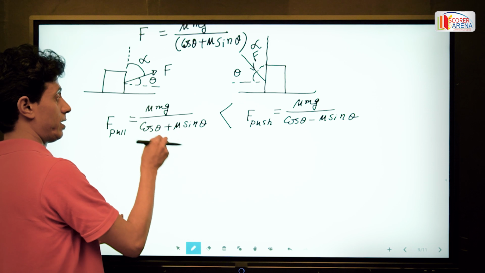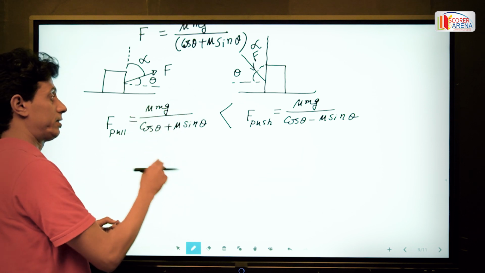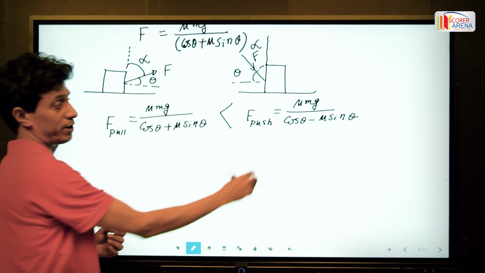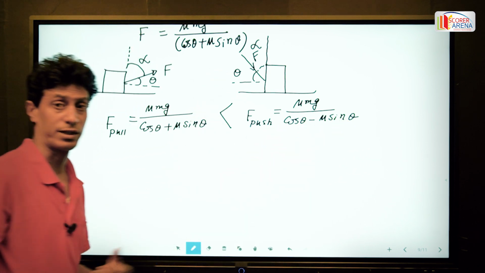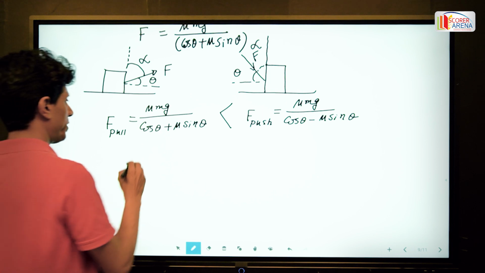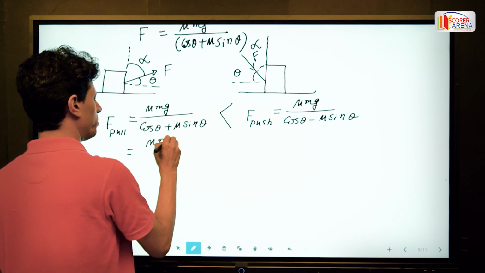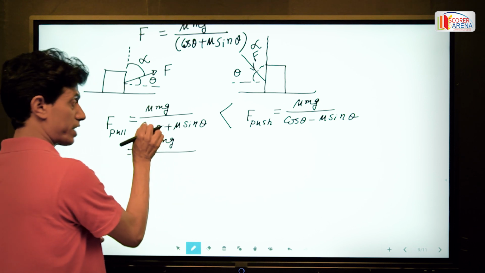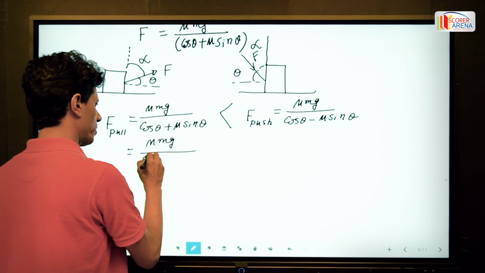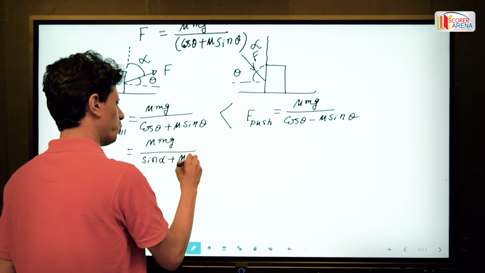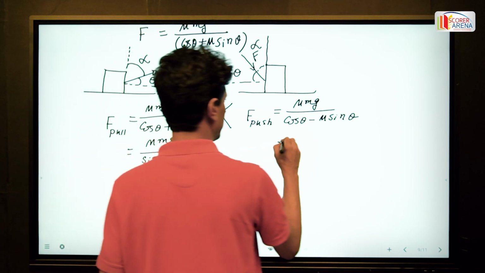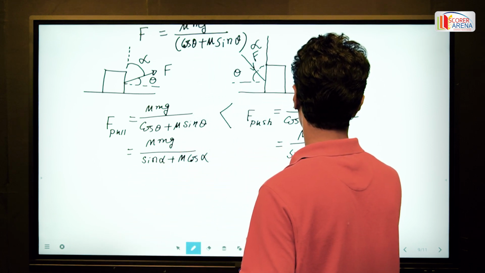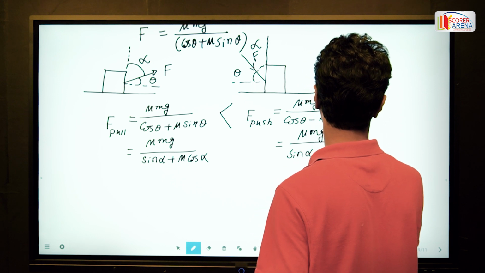You just replace theta with 90 minus alpha. By simple calculation, cos of 90 minus alpha is equal to sin alpha, and sin of 90 minus alpha is cos alpha. So pulling is mu mg by sin alpha plus mu cos alpha, and pushing is mu mg by sin alpha minus mu cos alpha.